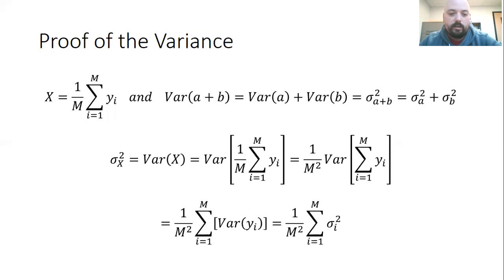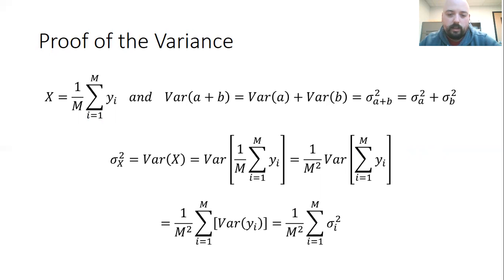Because we've defined our independent variable x as 1 on m over the sum of all y's, which were our mean values from each group that we were talking about before, we can then look at the variance of x and see that by taking out that scale of 1 on m, we get a square of 1 on m, so 1 on m squared, times the variance of the sum of all y's.